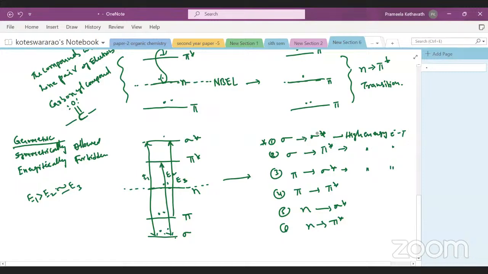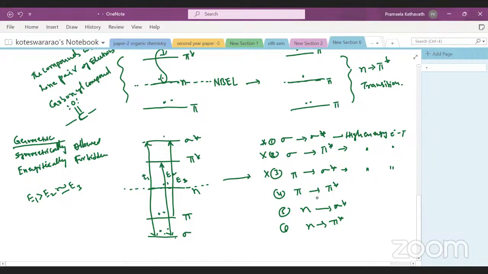This is also forbidden. The second is energetically forbidden but symmetrically allowed. This one is energetically forbidden and symmetrically forbidden, and this one is also energetically forbidden and symmetrically forbidden.